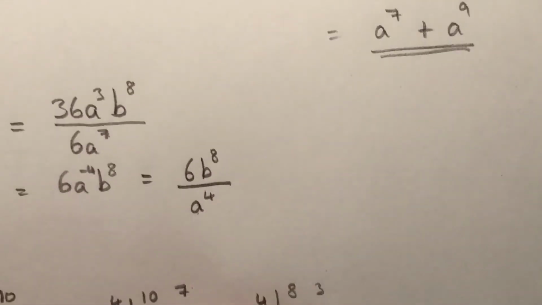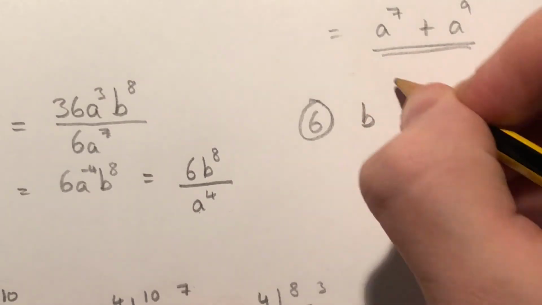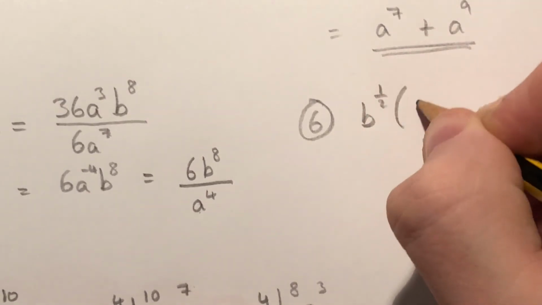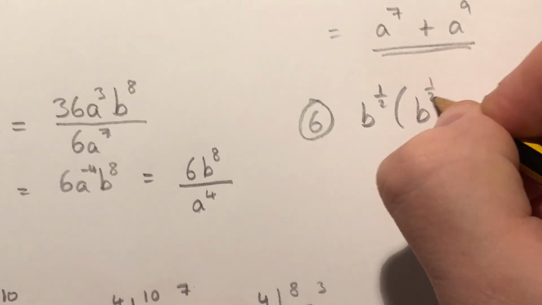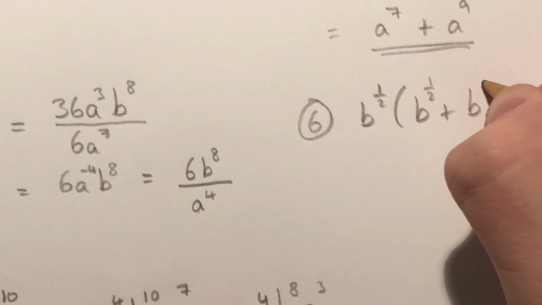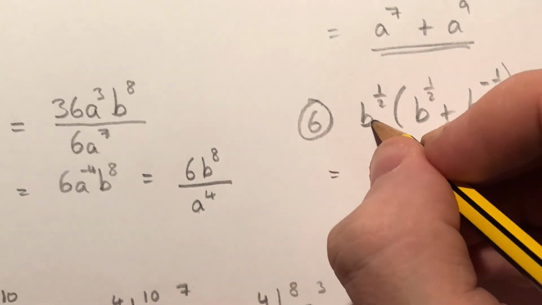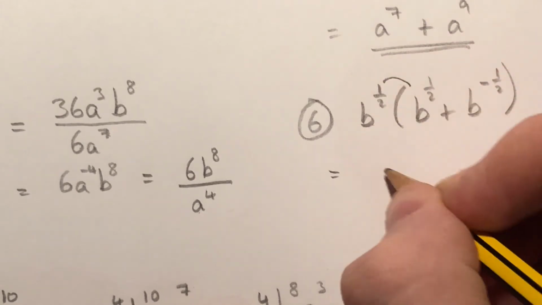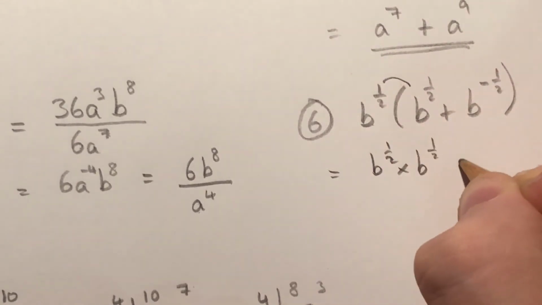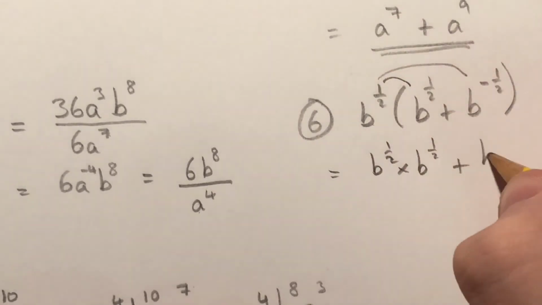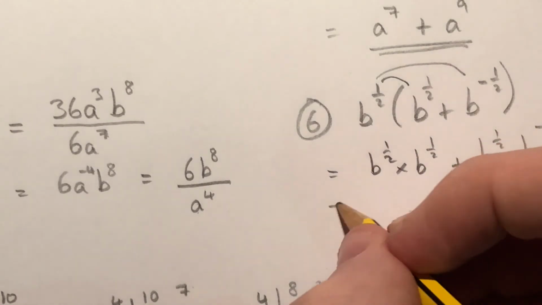I'm going to add one more in, just to irritate you. Let's say we have b to the power of 1/2 times b to the power of 1/2 plus b to the power of minus 1/2. Well, following the same rules, we'll times these two together first of all. b to the half times b to the half plus b to the half times b to the negative 1/2.